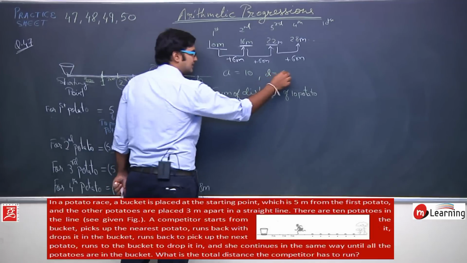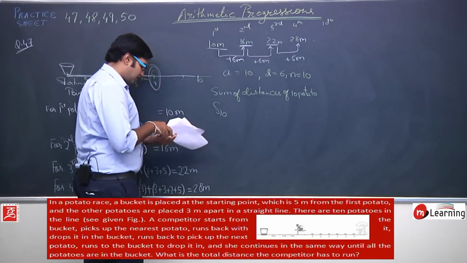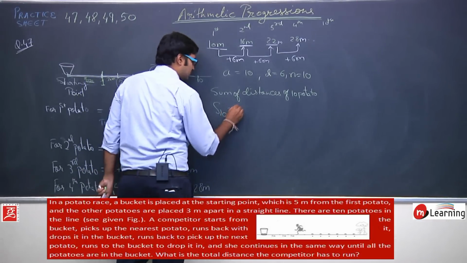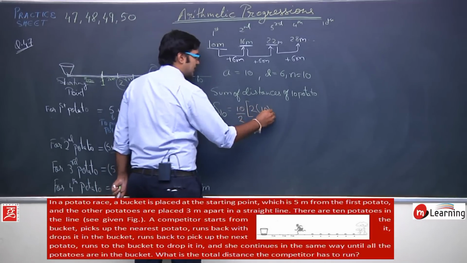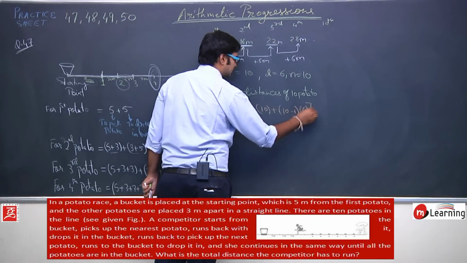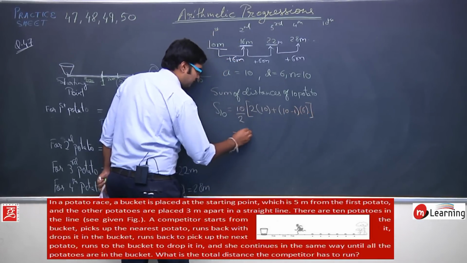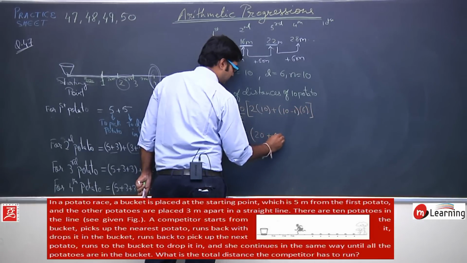So I can write for S10, n is equal to 10. Okay, so the sum of 10 potatoes S10 will be equal to 10 by 2 into the bracket 2 times a, which is 10 meters, plus 10 minus 1 into d, which is 6 meters. So this will give you 5 into the bracket 20 plus, this will be 9 sixes are 54.